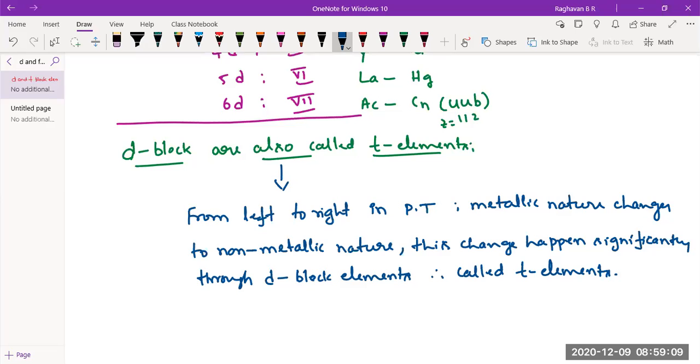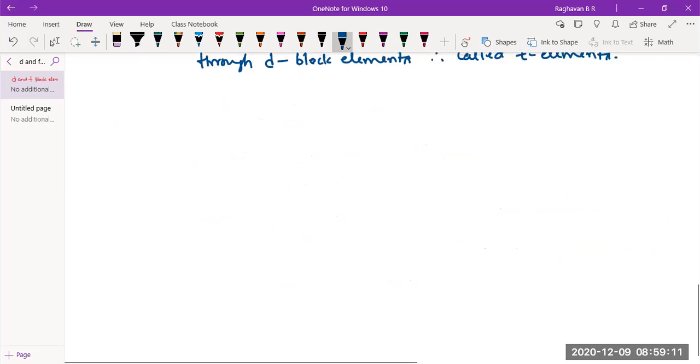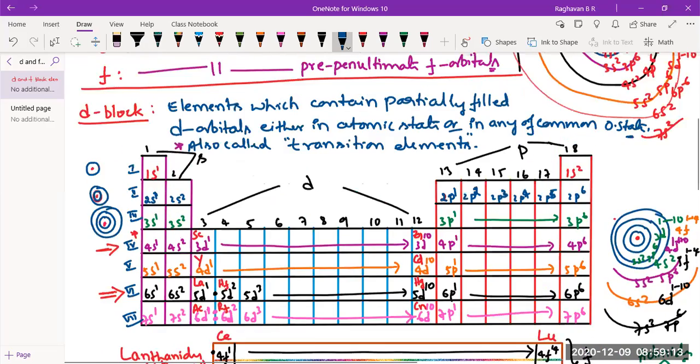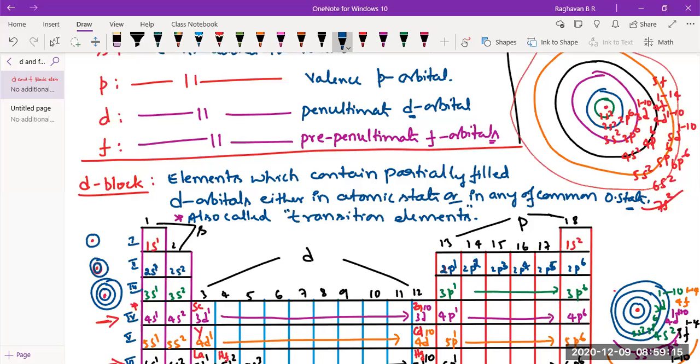See, this definition, elements which contain partially filled d orbitals either in the atomic state or in a common oxidation state, is more suitably the definition of a transition element. A transition element is nothing but a D block element, but the meaning of transition comes from the changeover of metallic nature to non-metallic nature.